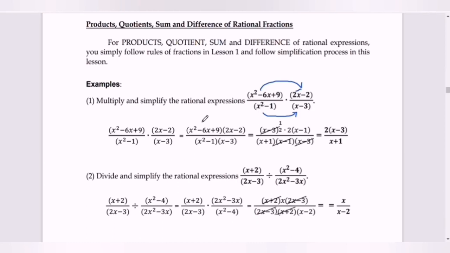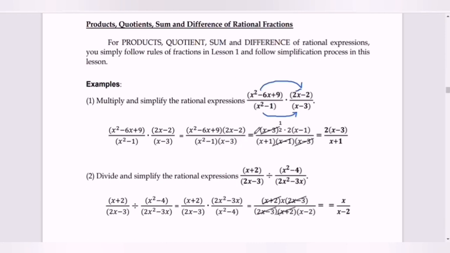So here it is. So what we need is just multiply numerator to numerator. So x squared minus 6x plus 9 times 2x minus 2 divided by x squared minus 1 times x minus 4.